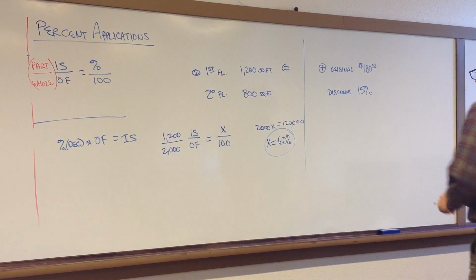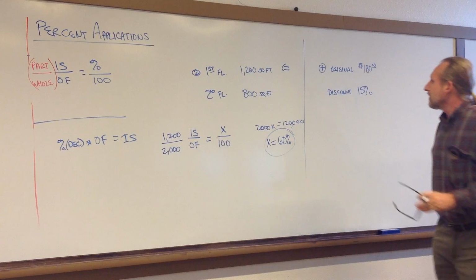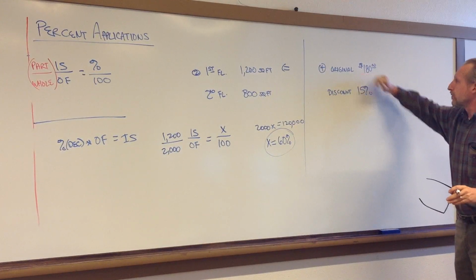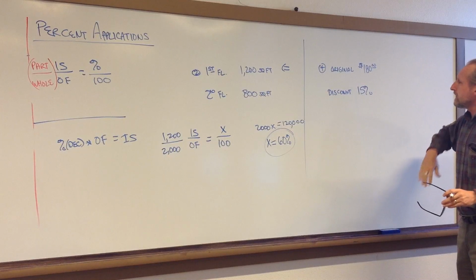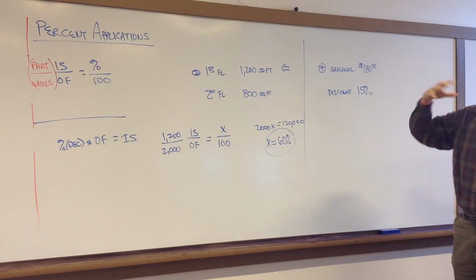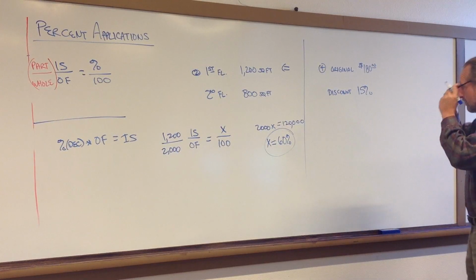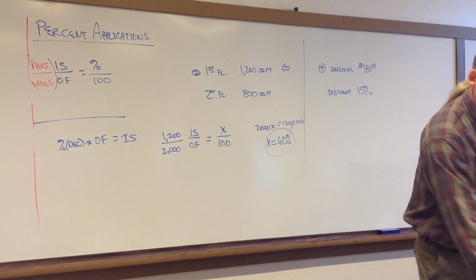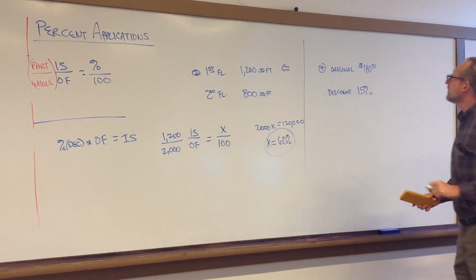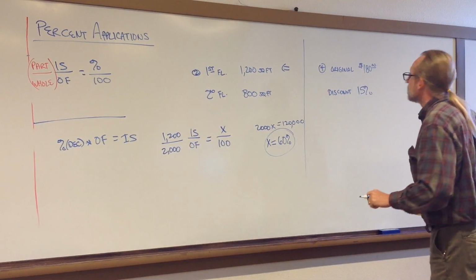A discount is a percentage of the normal price. The idea is you apply the percentage to the original price and then subtract that much away from the original price. So the amount of the discount is going to be 15% of $180.